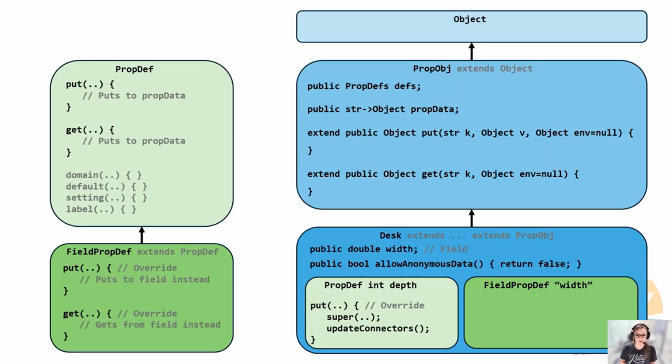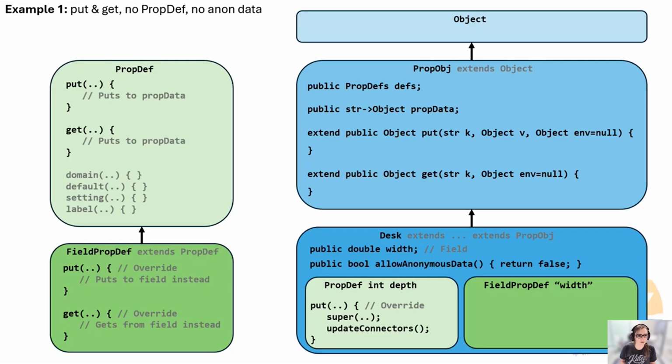And I'm going to override its put. I'm going to say do your normal behavior, and then once you put something to there, I want you to update connectors. For my width PropDef, I want it to be a field, and I'm not going to customize anything at all with it. I'm just going to say give me a field PropDef with the key width.